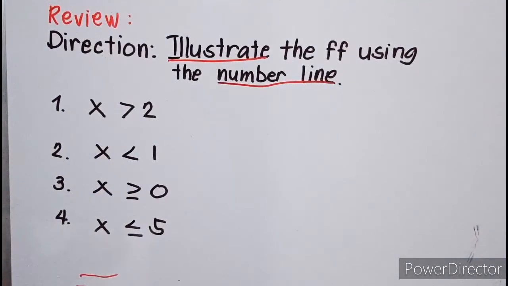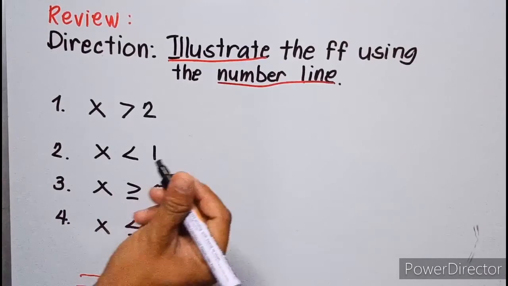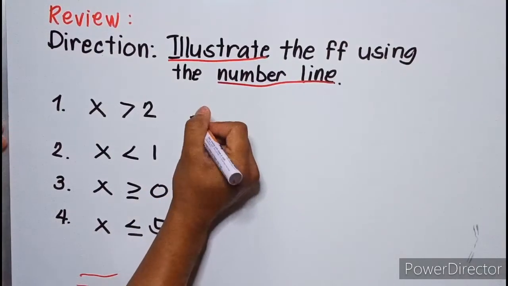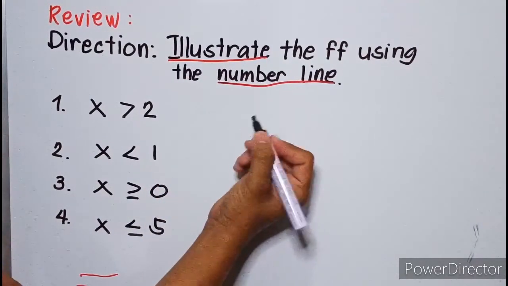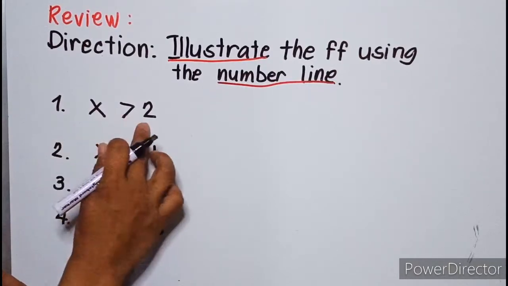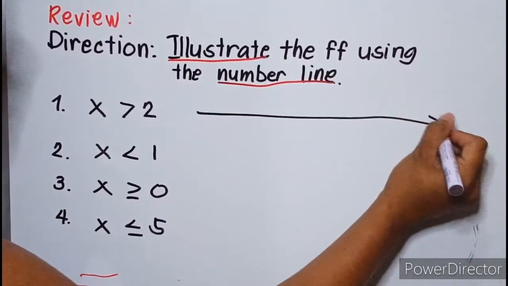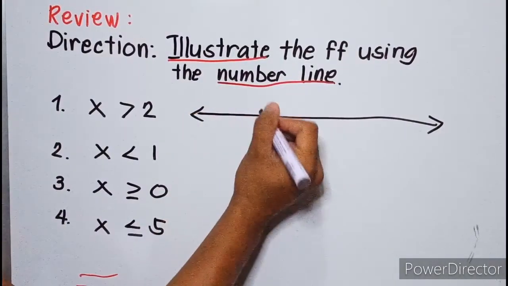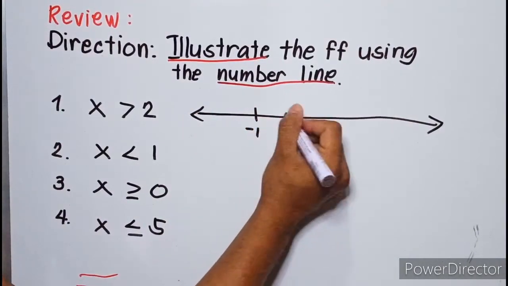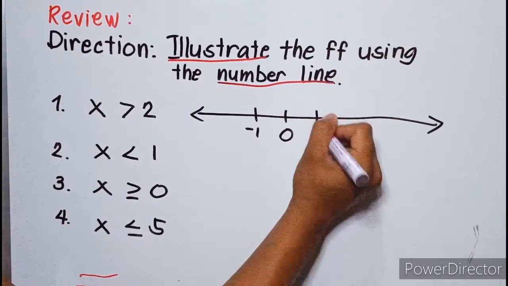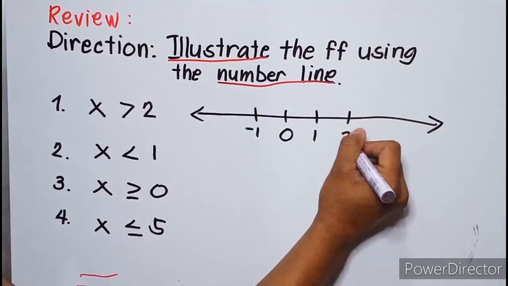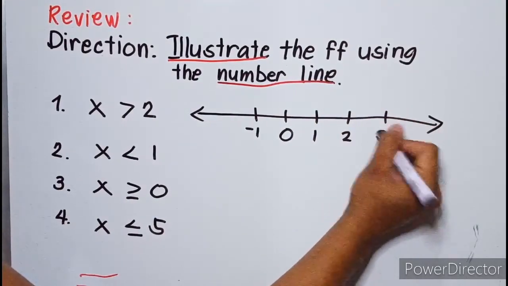Our number line is the best illustration of the complete set of integers. So let us first have number 1, x is greater than 2. We are going to make our number line. Let's start with negative 1, 0, 1, 2, 3.